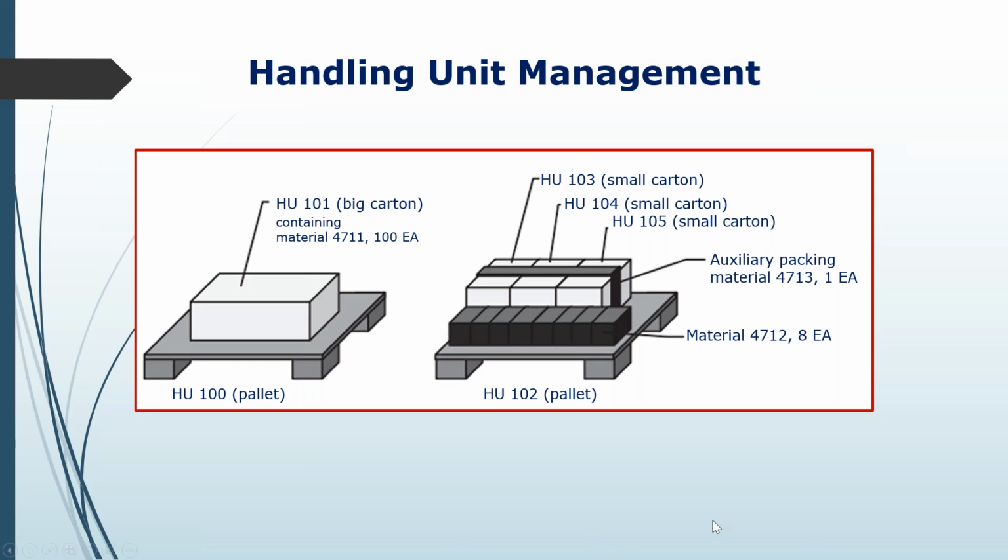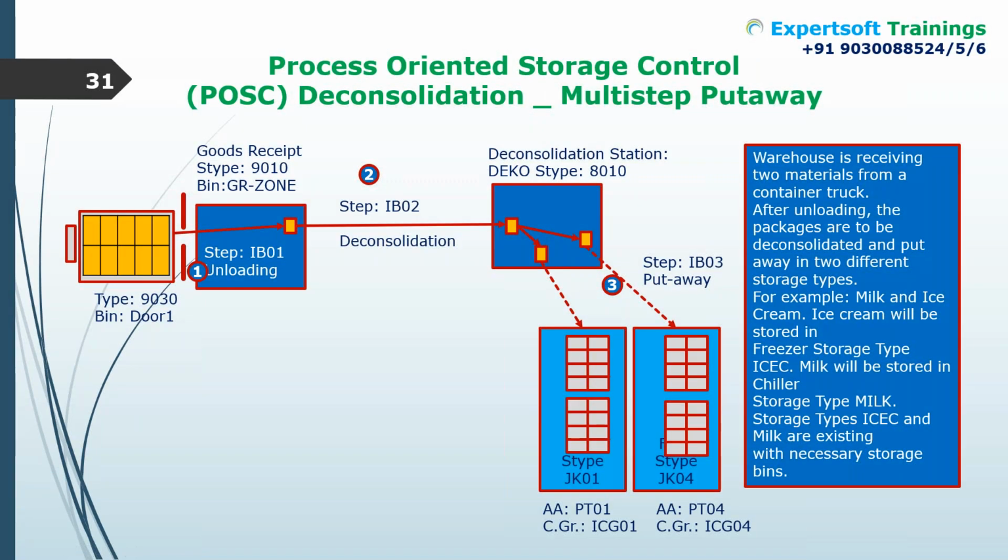Those setups we will see, and apart from that we'll also see a packaging specification. We'll also see a deconsolidation process. So what does deconsolidation process mean? Suppose in your warehouse you are receiving products in one handling unit, like two or three or multiple products in one handling unit.